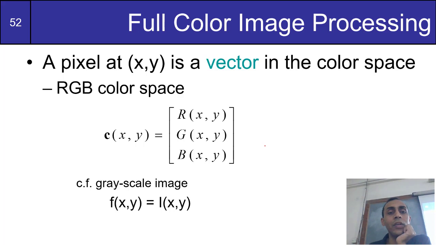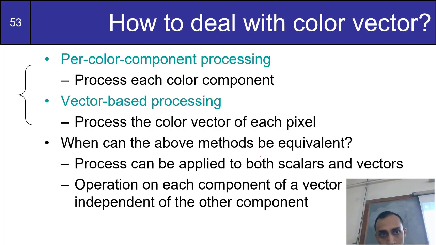The only difference now in a color image is that we have a vector for each pixel rather than a single scalar value. In a grayscale image we had just a single scalar value. Now if you are using an RGB color model, we have 3 components. Even if you are using an HSI model, we have at least 3 components for each pixel. So we have a kind of a vector for every pixel in the color space.